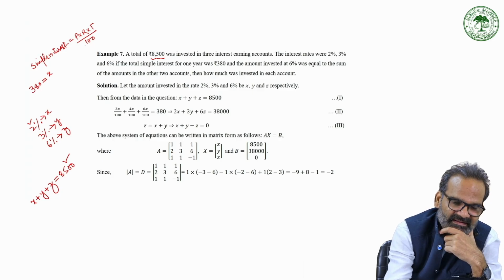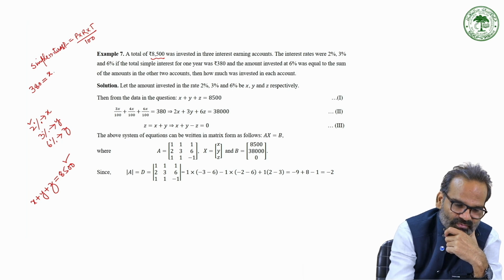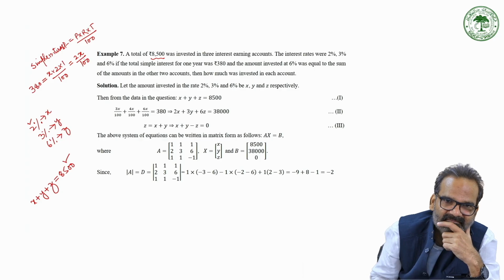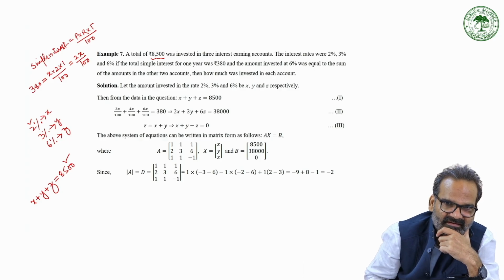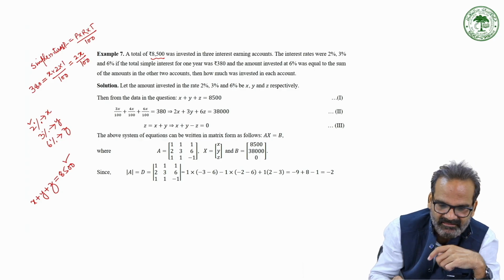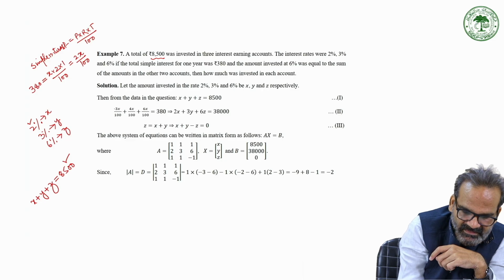So P is x, R means 2%, time is 1, divided by 100. So we will get 2x divided by 100. The simple interest for the first account will be 2x divided by 100. Not 3x, sorry, this is 2x, right?